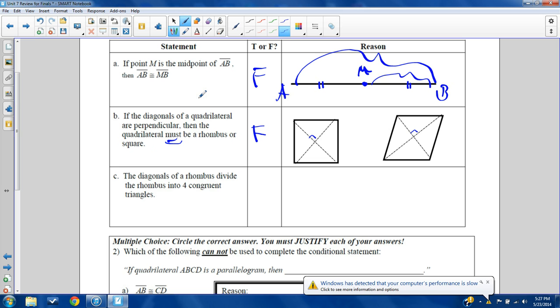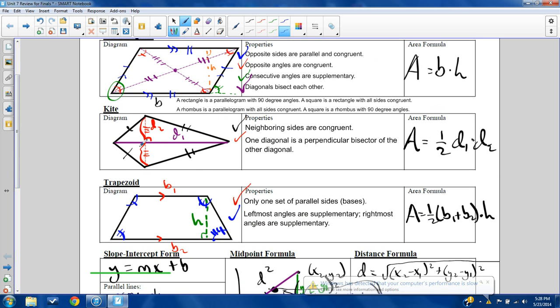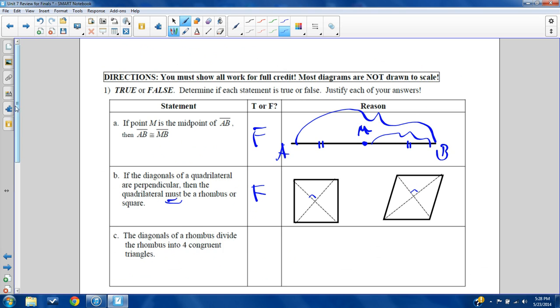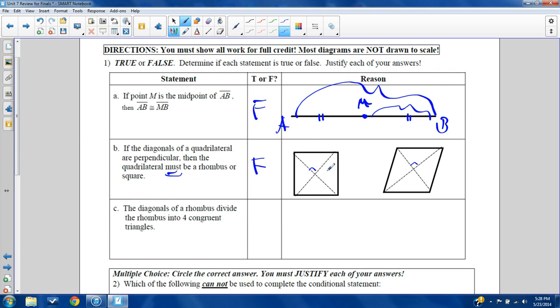And that's not true because we just did kites. We know that a kite has diagonals that intersect at a perpendicular spot. Now, they're not perpendicular bisectors of each other like the rhombus and the square are, but a kite still has diagonals that are perpendicular. So here's the reason behind that being false.